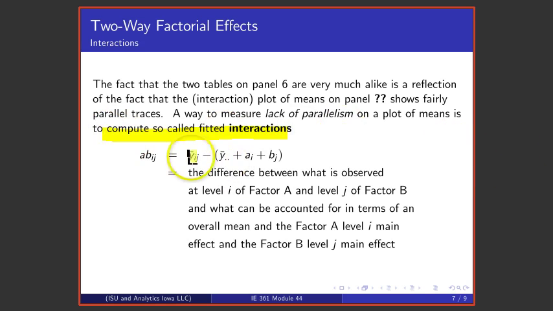So we're going to take an average for a cell and subtract a grand average plus an A main effect plus a B main effect.